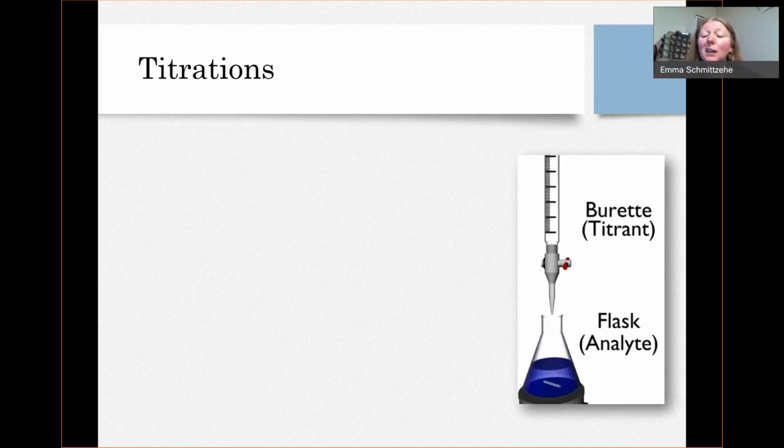Then the burette has that little valve on it, the stopcock, that you open up and it releases the other solution into the one in the flask. It allows those things to react, and you release it until the reaction is complete.